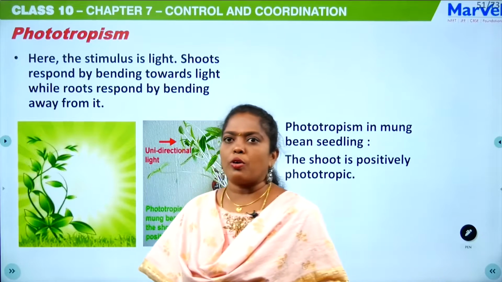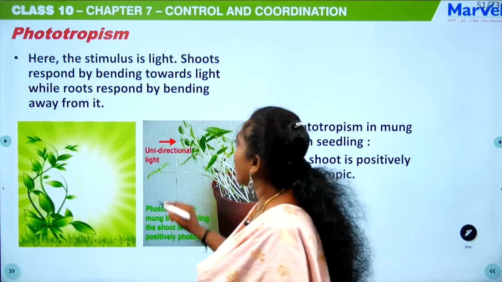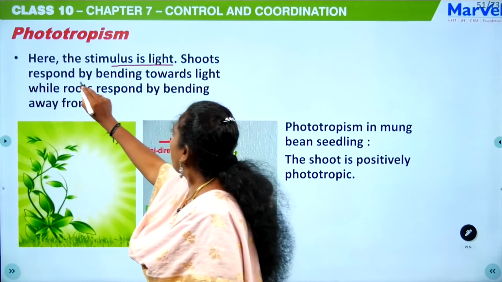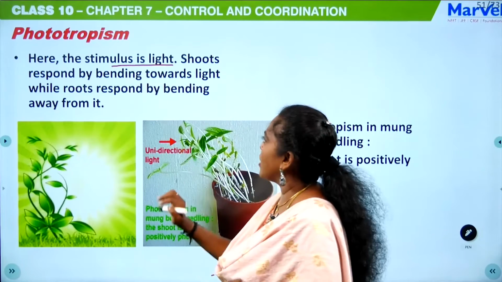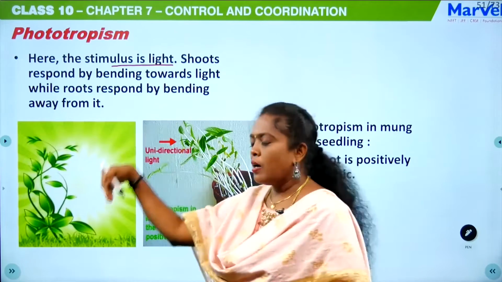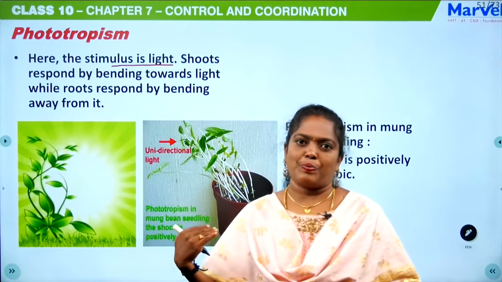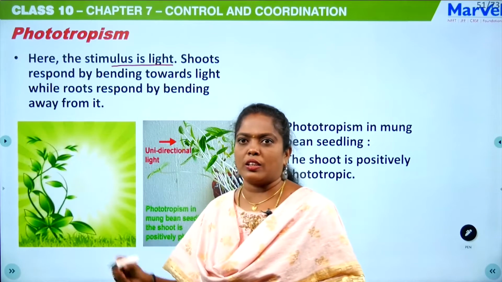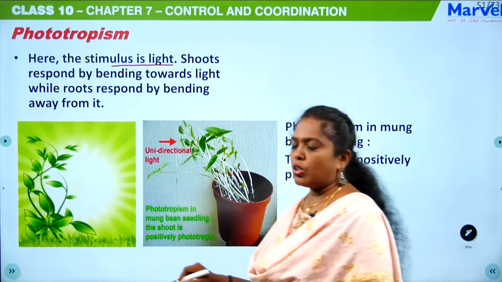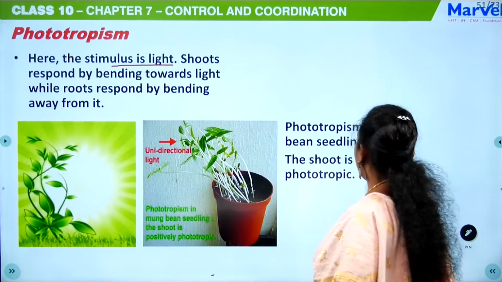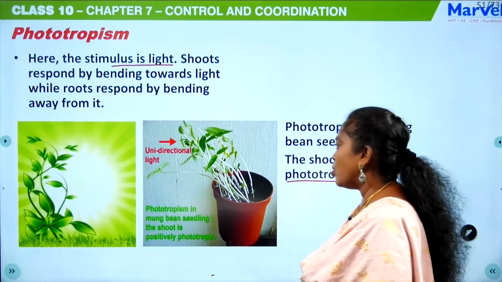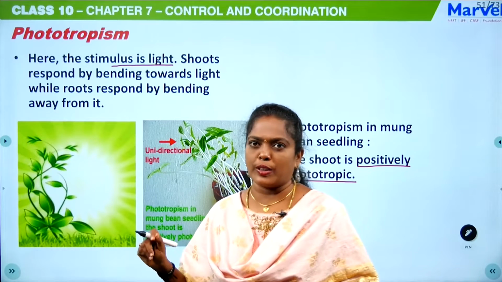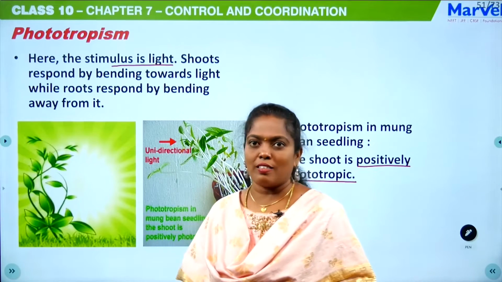Root is away and shoot is towards. So the shoot is positively phototropic and the root is negatively phototropic. That is phototropism, movement of the plant towards the light.